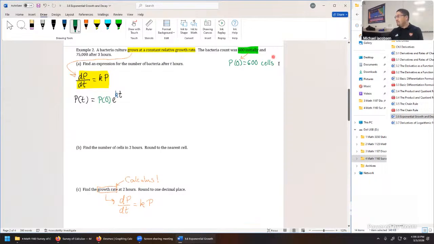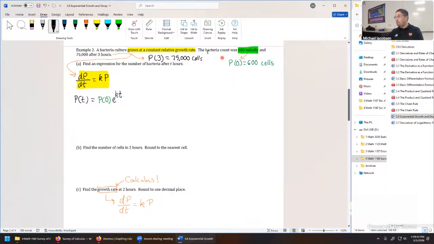So we have this initial size in the Petri dish, 600 cells, and we're further told 7,500 after 3 hours. That's even more information, so let's take this. That's telling us that the population size at 3 hours, so P at 3, is 75,000 cells exactly.